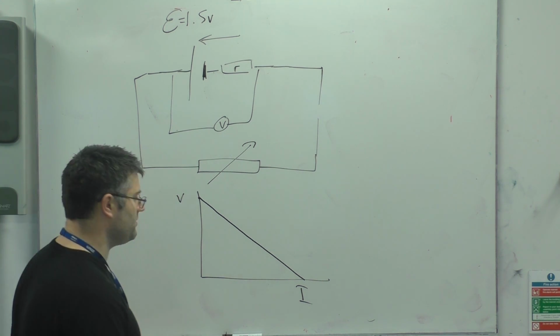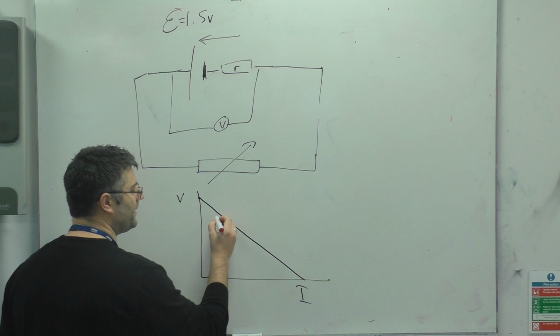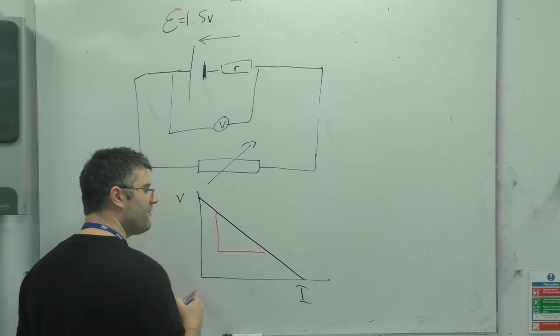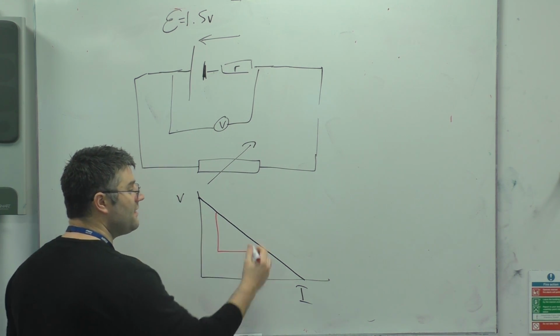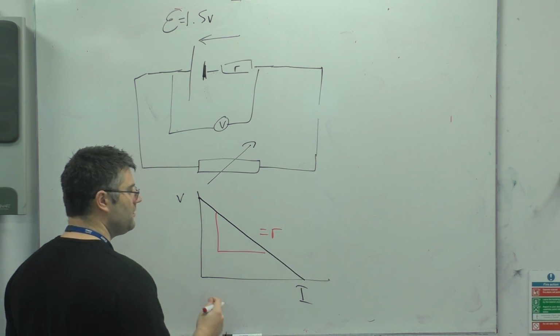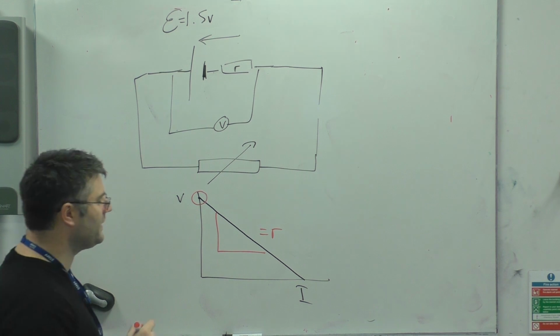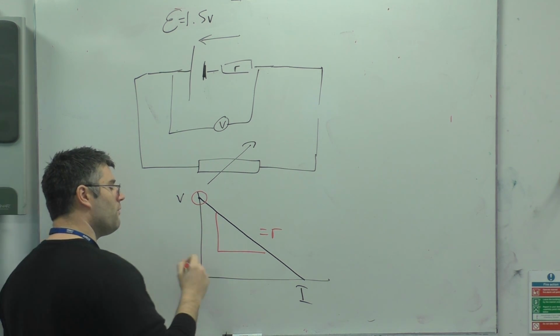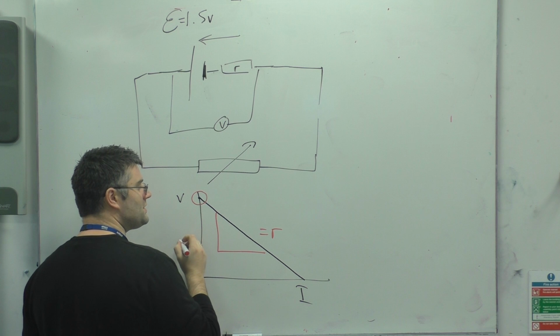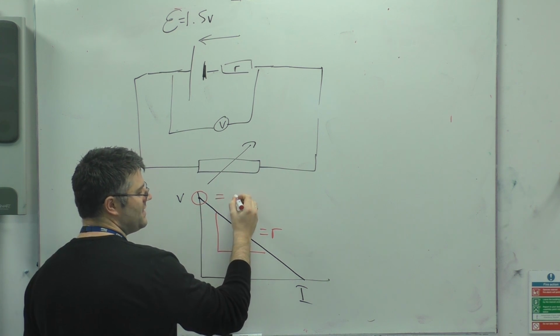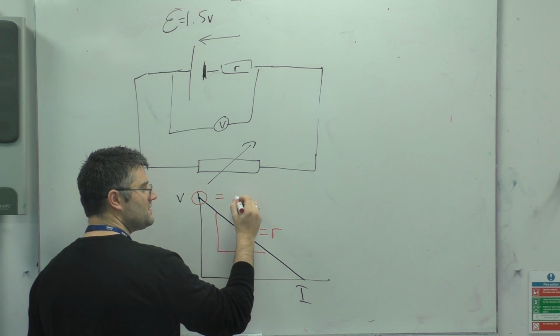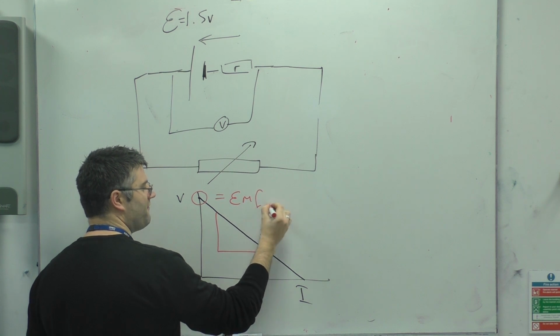Well, quite simply, the gradient of the graph, V over I, that's R. This value right here is really important, because where the line crosses the y-axis is the y-intercept, which is also equal to the EMF.